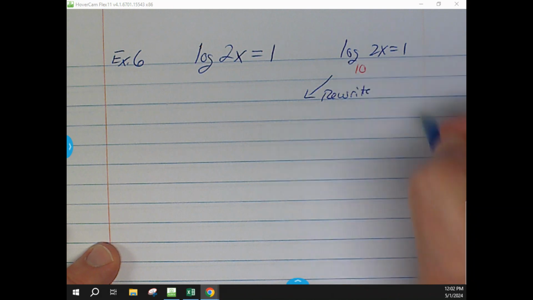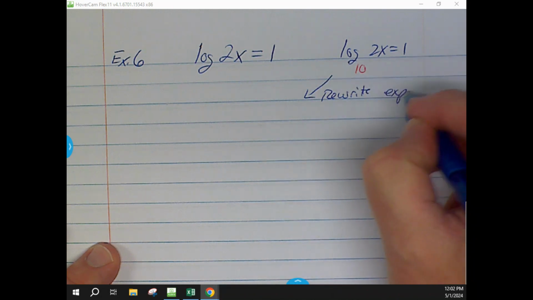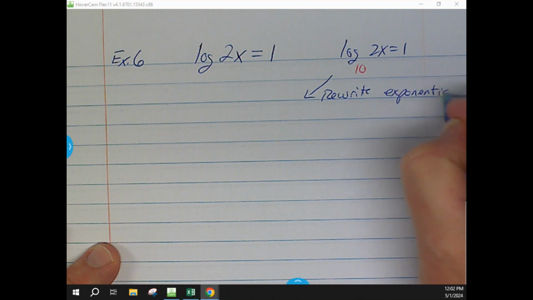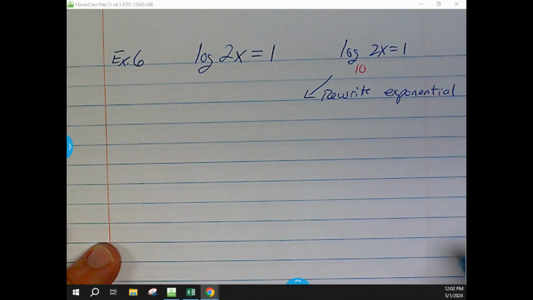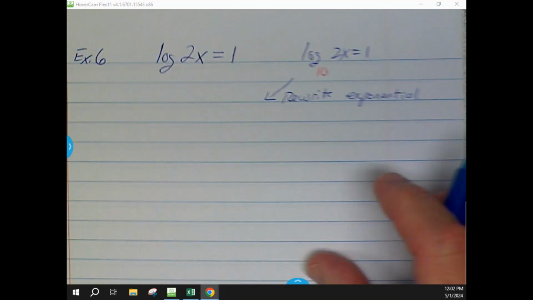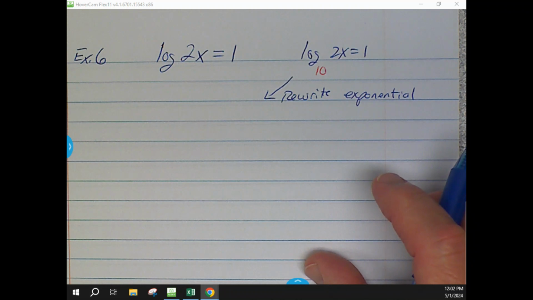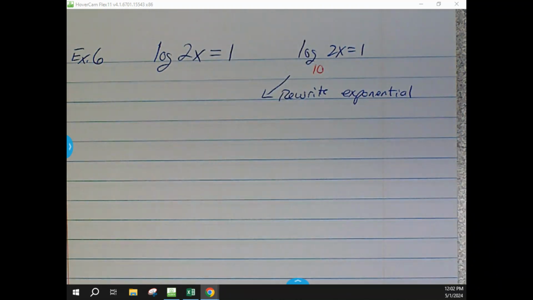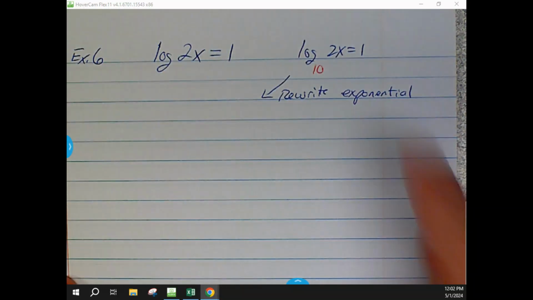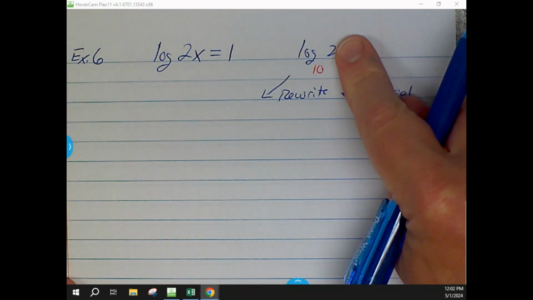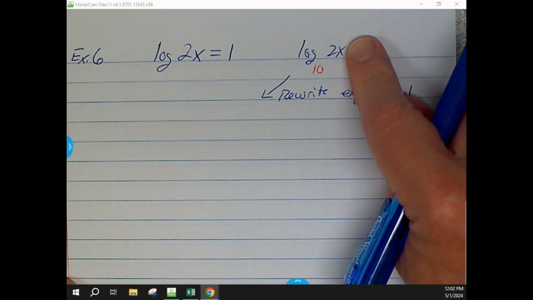Okay, it's in log form. Now we got to rewrite it in exponential form. So whatever way they give it to you, if they give it in log form, you write it in exponential. If they give you exponential, you write it in log. And when you rewrite it, one of the two, you get to use your calculator. If that was just that, we could plug that in the calculator, would be good. But that x that's over here with log messes this thing up. We cannot plug it in with the x.